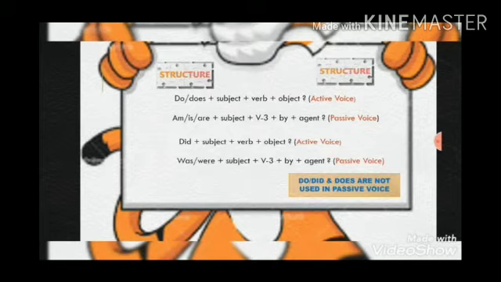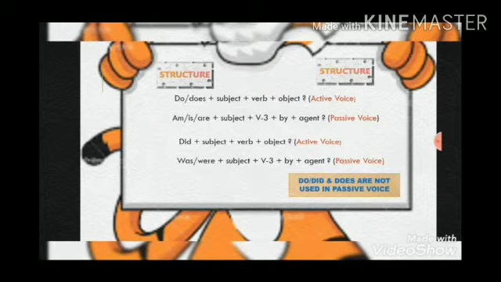Do or does plus subject plus verb plus object plus question mark, it ends in the active voice. Then the structure of passive voice is am, is, or are plus subject plus verb 3 plus the preposition by plus agent, that is the object in passive voice.